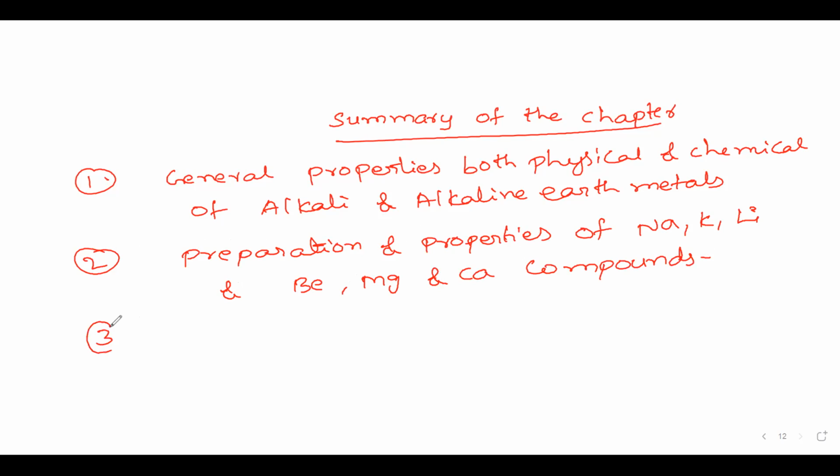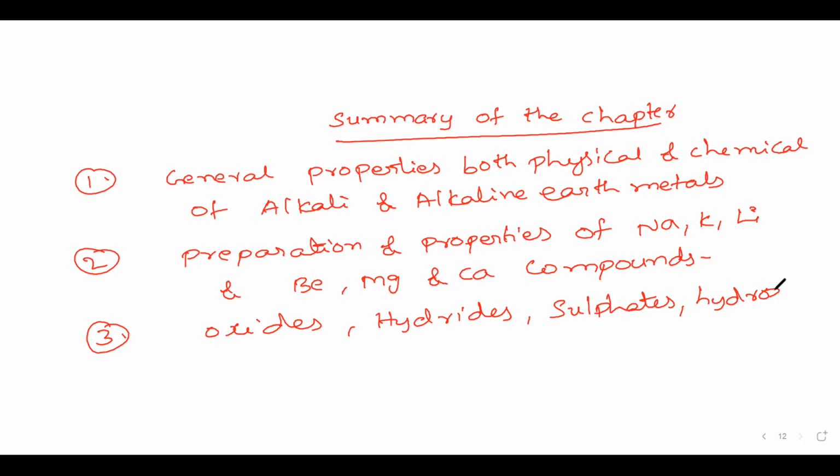Next, we have oxides, hydrides, sulfates, hydroxides, and carbides of group 1 and 2, that is, alkali and alkaline earth metals.